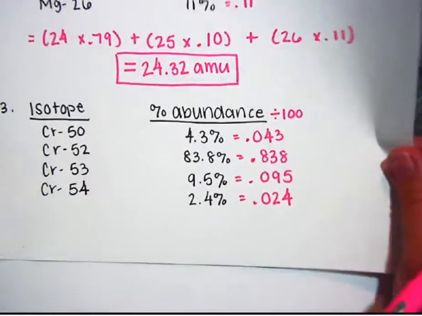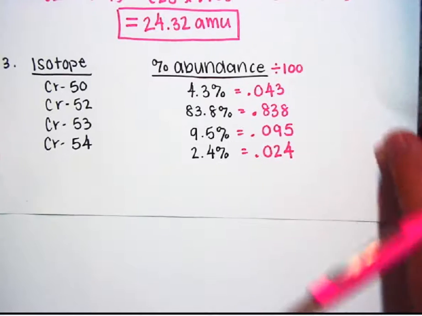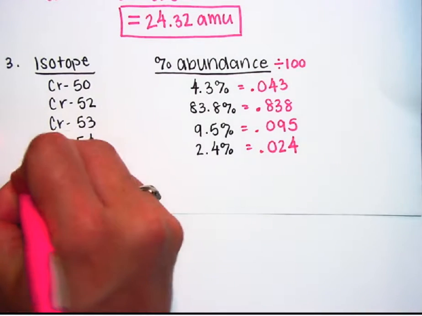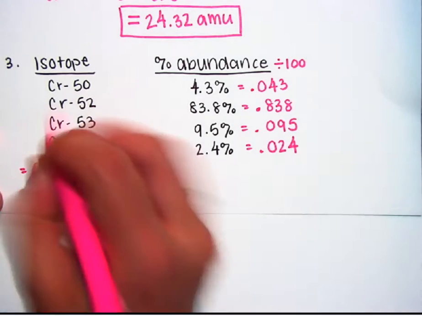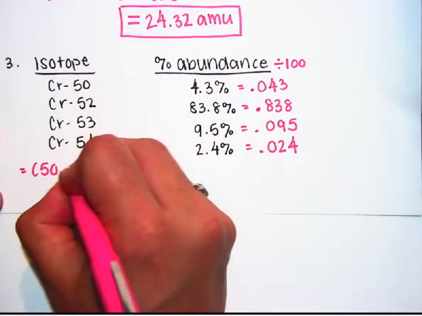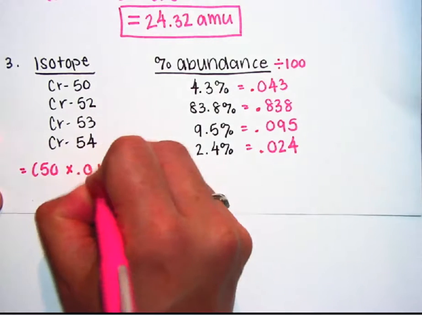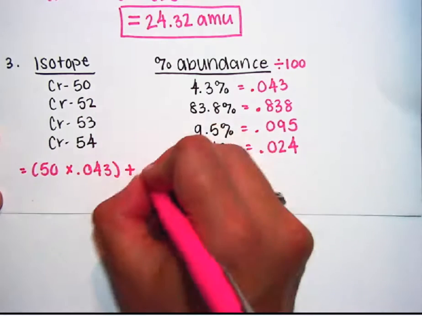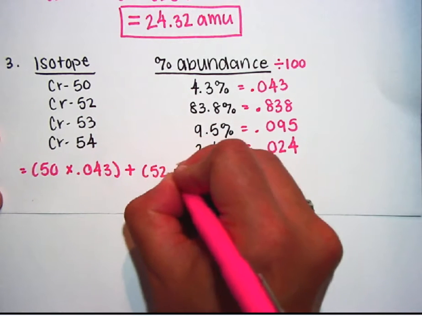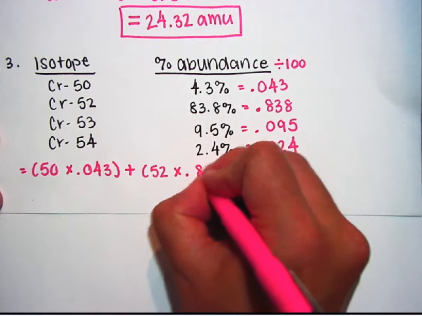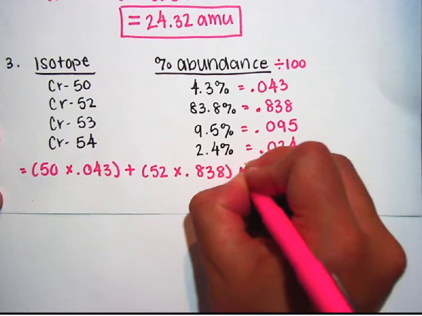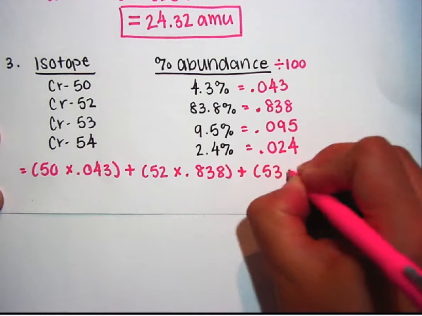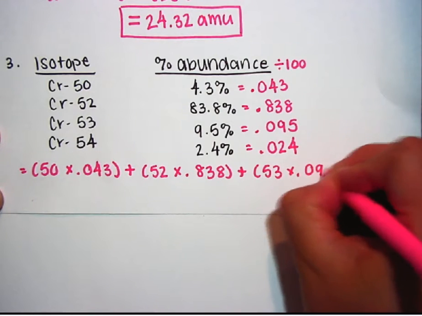So this one has 4 isotopes, but again, it is the same equation regardless of how many isotopes there are. Mass of the first isotope times its percent abundance, changed to decimal form, plus mass of the second isotope times its abundance, plus mass of the third isotope times its abundance.